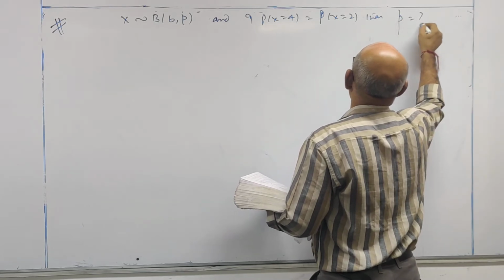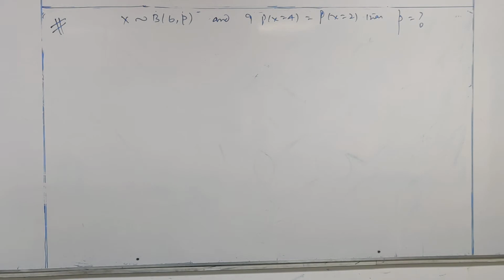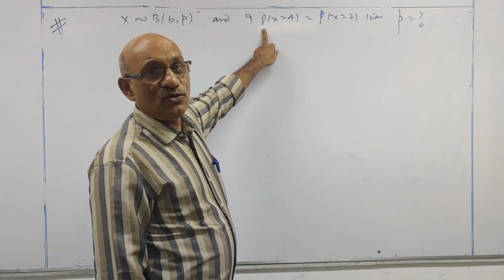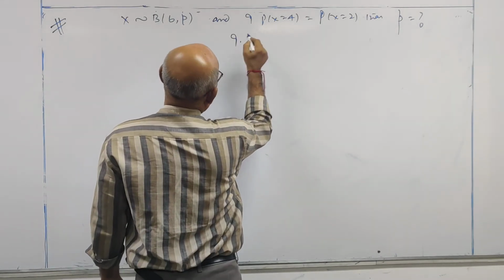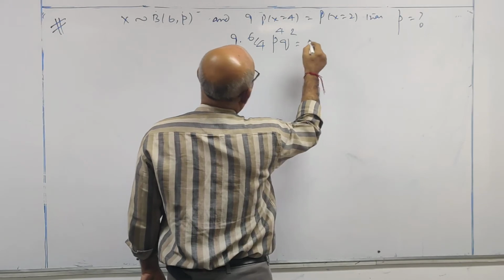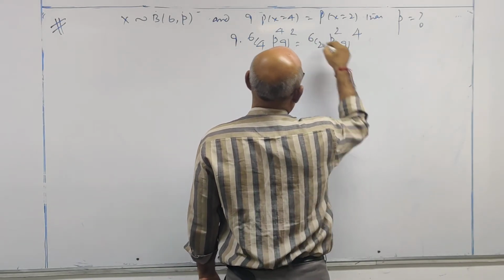Then small p is equal to question mark. This time I am writing the values straight away. 9 into 6C4 p to the power of 4 q square is equal to 6C2 p to the power of 2 q to the power 4.